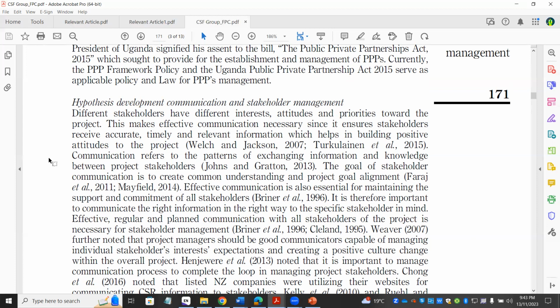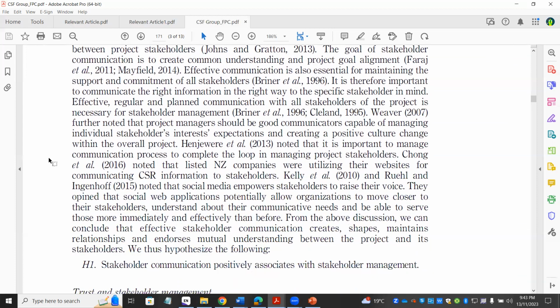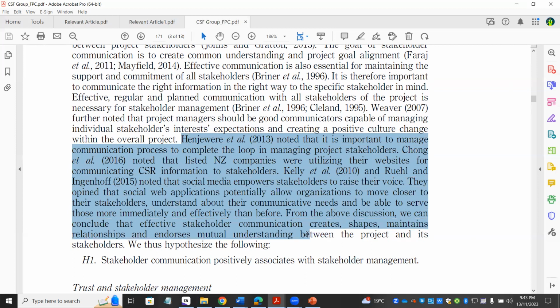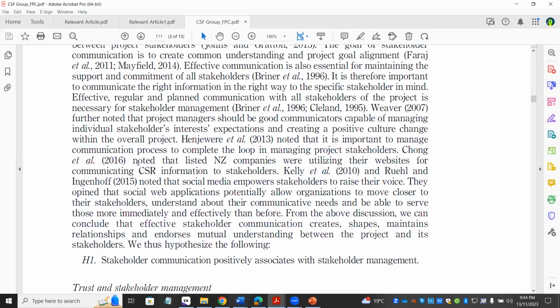Okay, so here I like how this paper was done. For example, starting from here, this is what I was talking about. Hijiweri, for example, in their study, noted that it is important to manage the communication process to complete the loop in managing project stakeholders. Chong noted that, you see, this is what I was talking about.